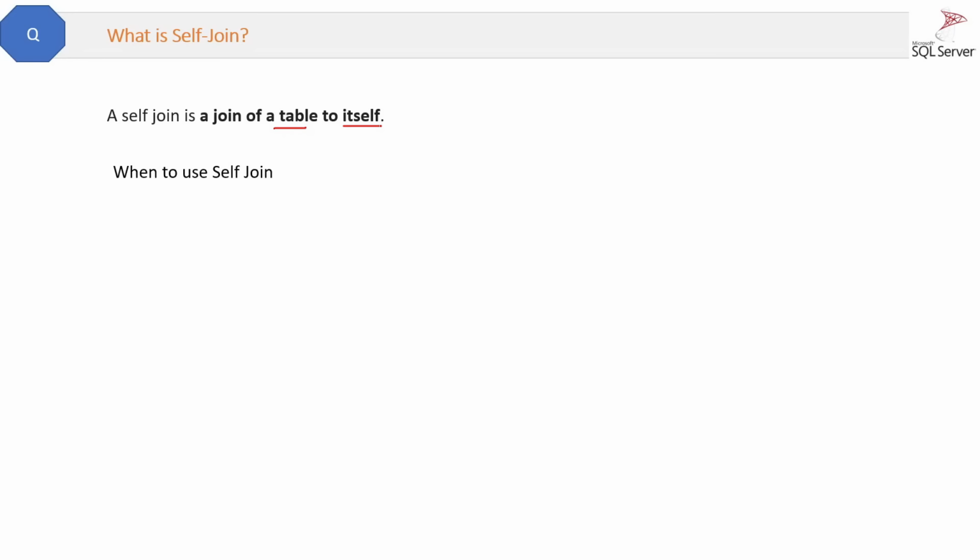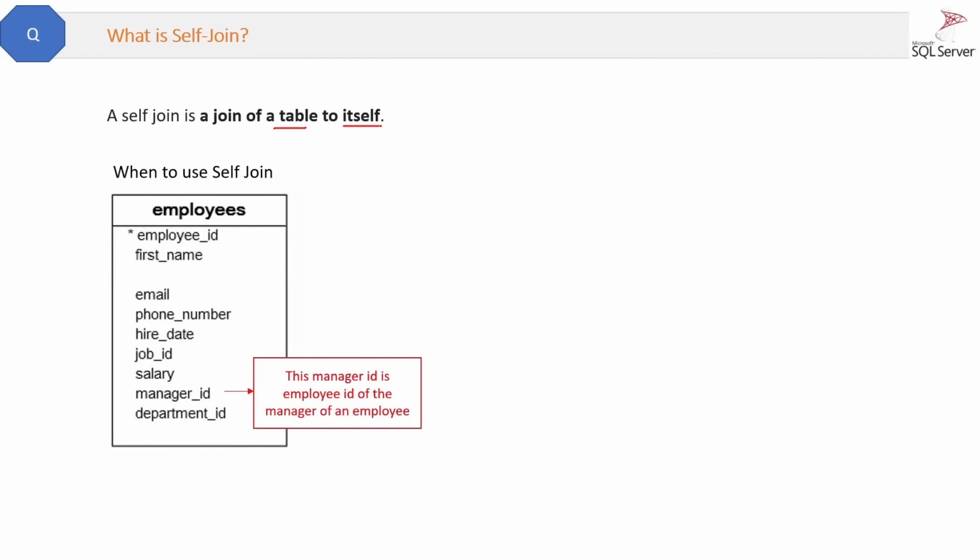Suppose you have an employee table. Here all the employees with the employee ID are present. Managers are also employees, so managers are also present in this table. Now most of the employees will have a manager, right?